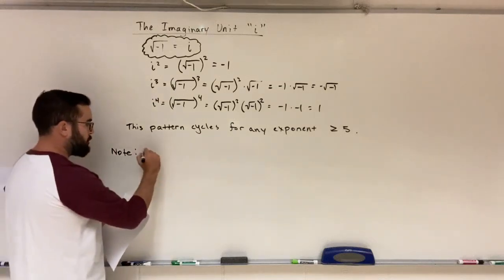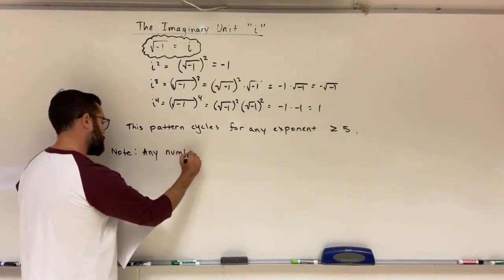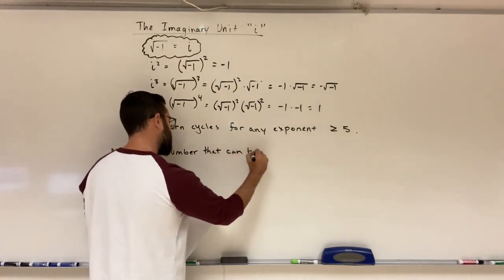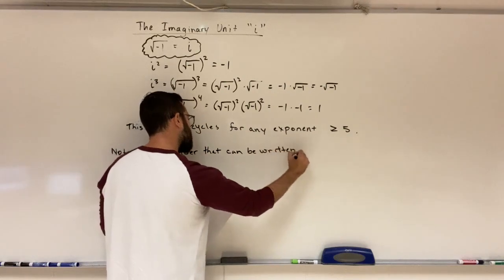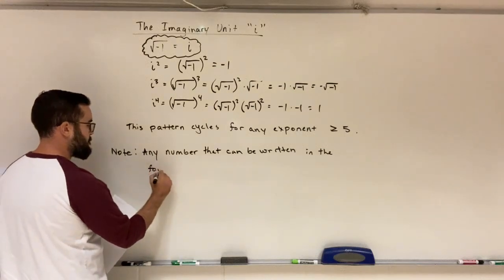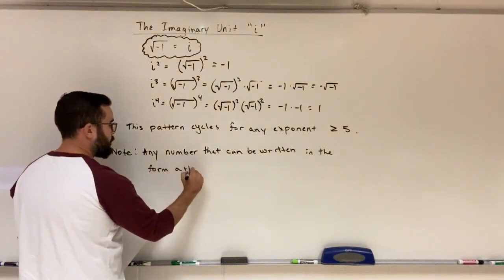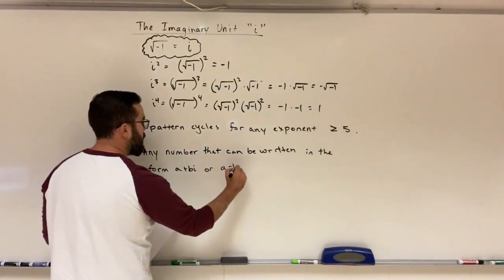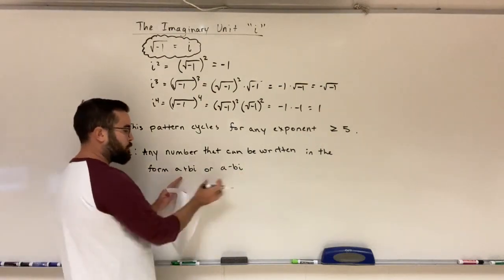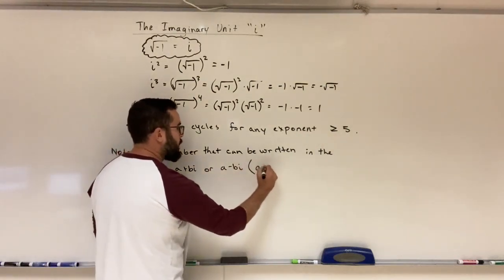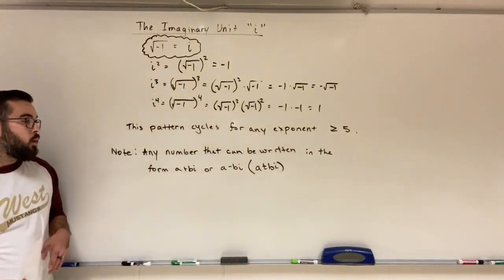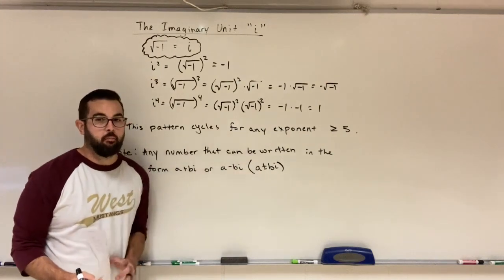Any number that can be written in the form a plus bi or a minus bi, so when you have these two expressions, in math a lot of times we write it like this, a plus or minus bi, we call this type of number a complex number.